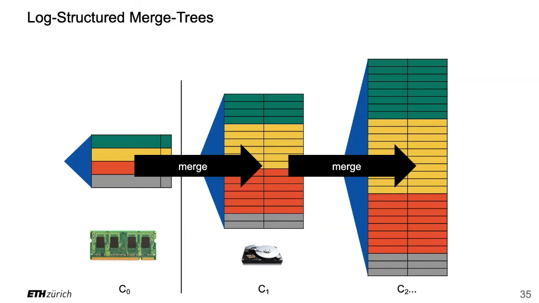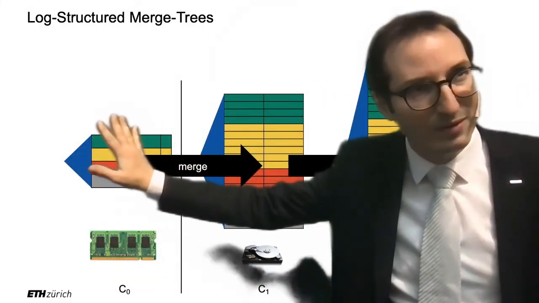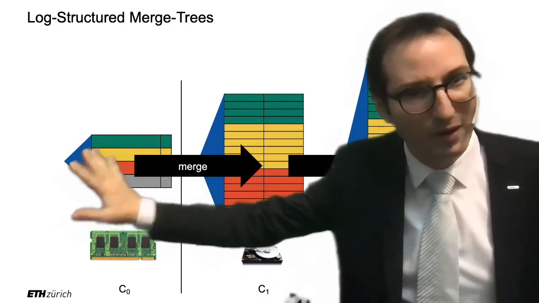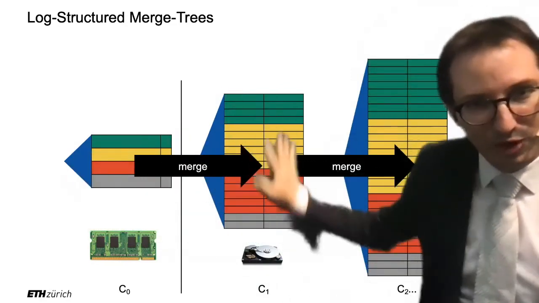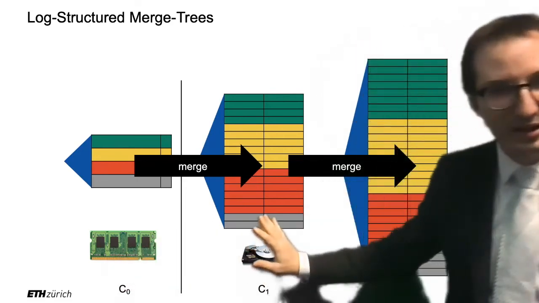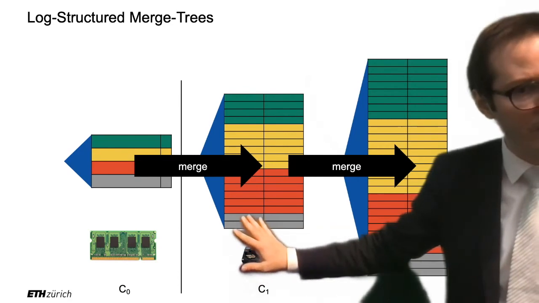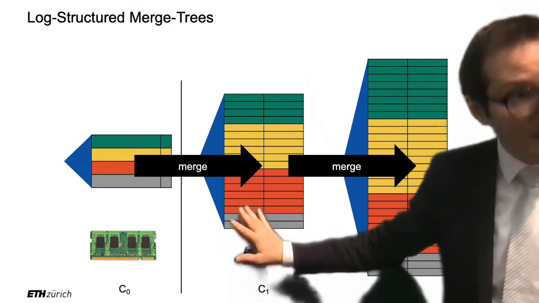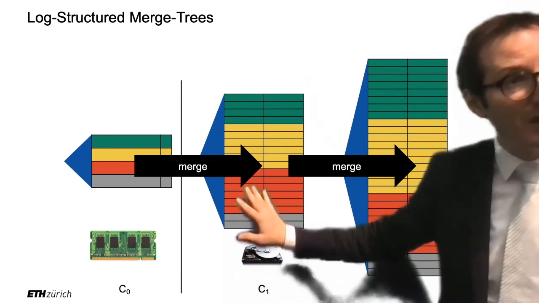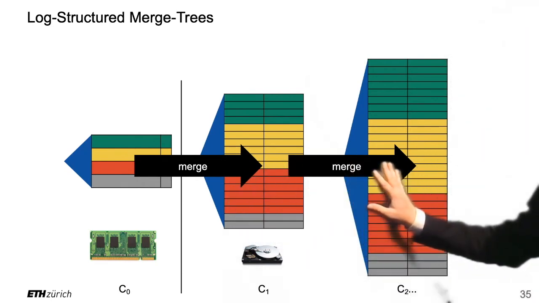So far, we saw that first level, that's the MemStore. Then it's flushed to disk, so if we call the MemStore C0, that would be level C1. This is what has been flushed to an HFile. And when you compact to an even larger HFile, that's the next level, C2.